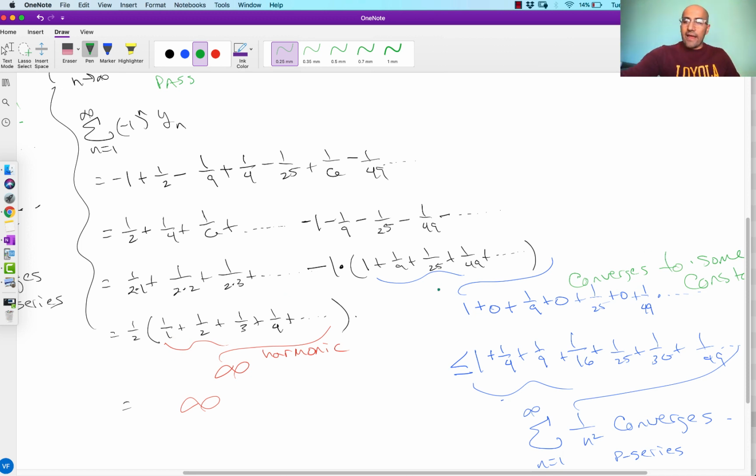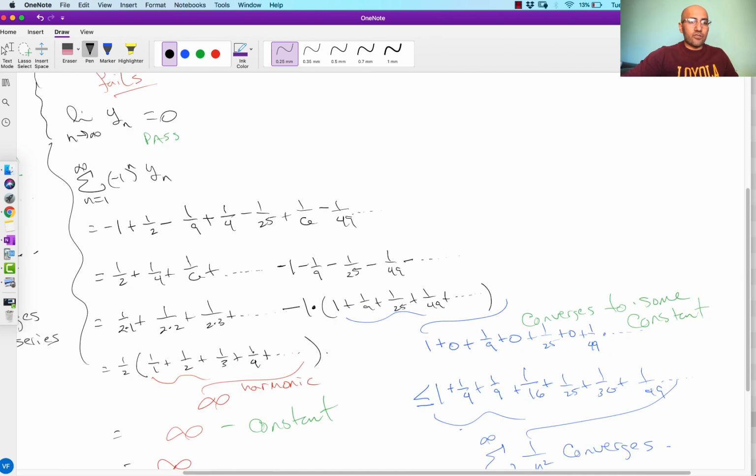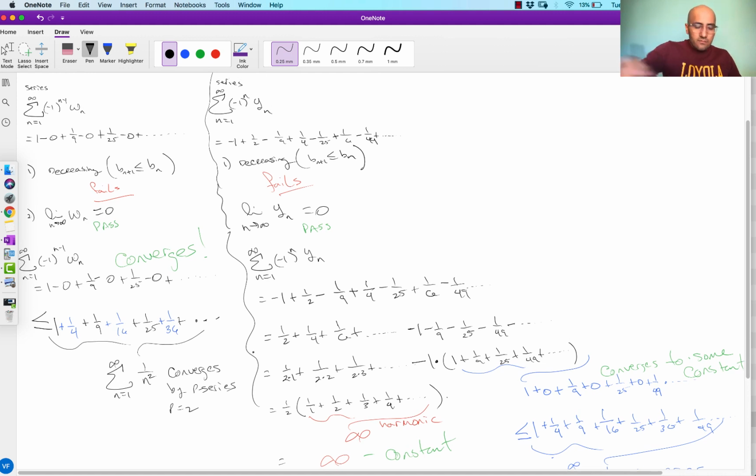And then we're going to subtract some constant from here. Well, infinity minus a constant is still going to be infinity. So what we've established is that this series diverges.